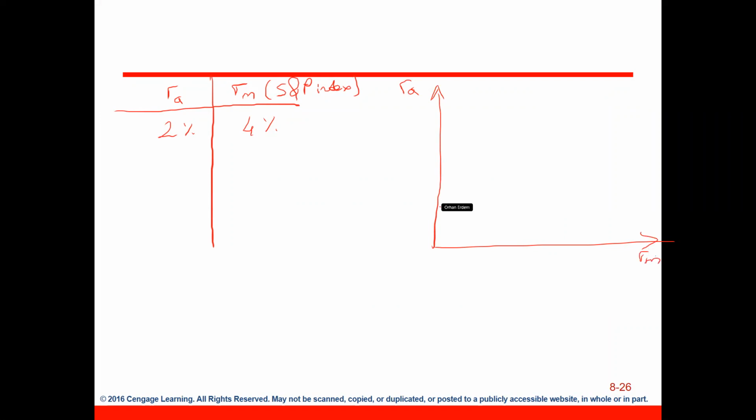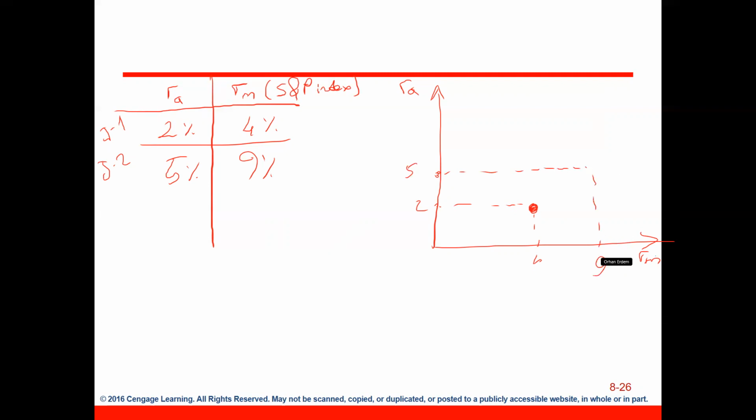So Apple is 2%. Let's say this is July 1st. Apple is 2% and the market is 4%, so you put a dot here. Then on July 2nd, Apple goes up by 3 more percent, to 5%, and the market goes up to 9%.